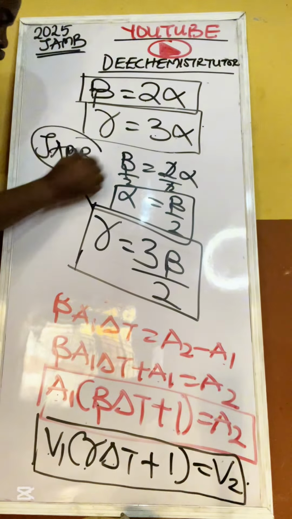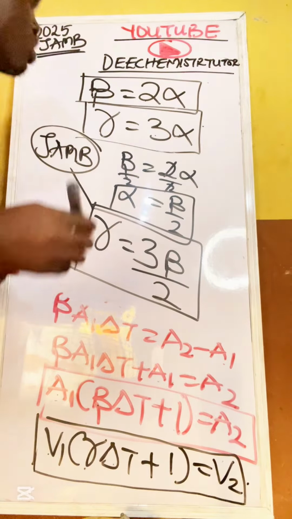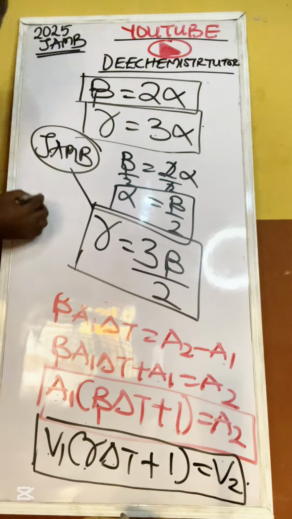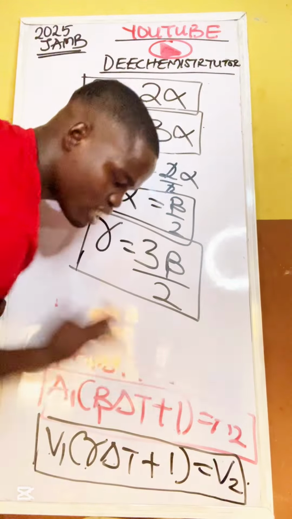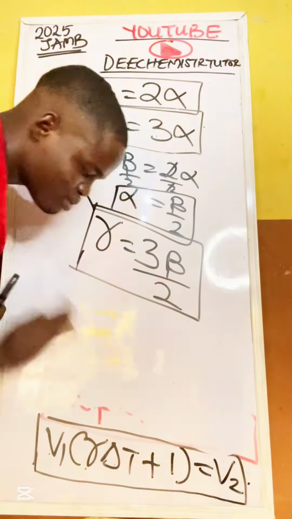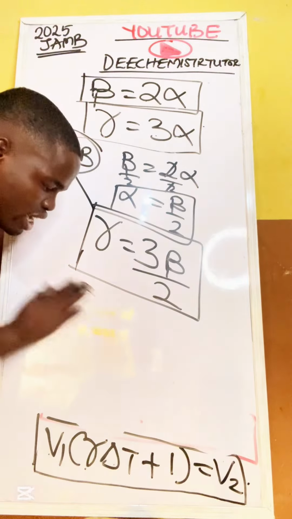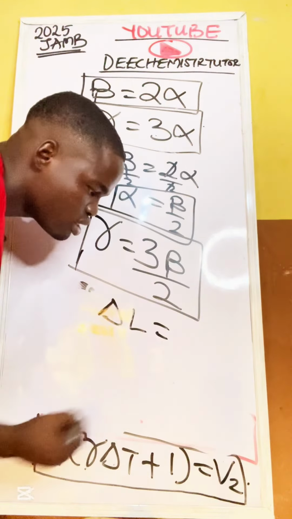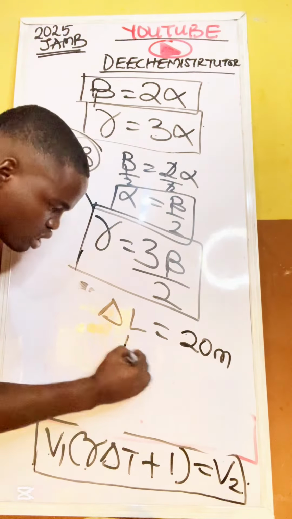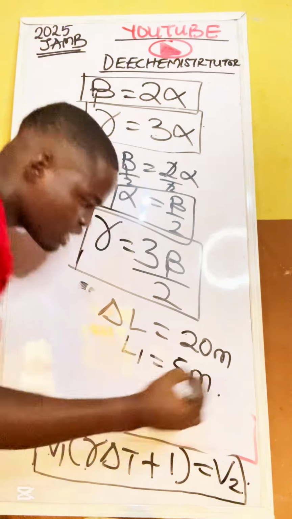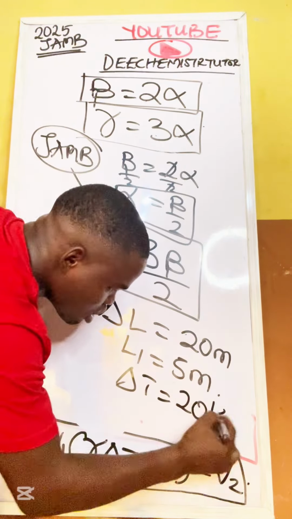So now I want to give you a question. Now solve this particular question. Calculate the linear expansivity. Drop the answer in the comment section. Given that the change in L is 20 meters, L1 is 5 meters, then the temperature change is 20 Kelvin.